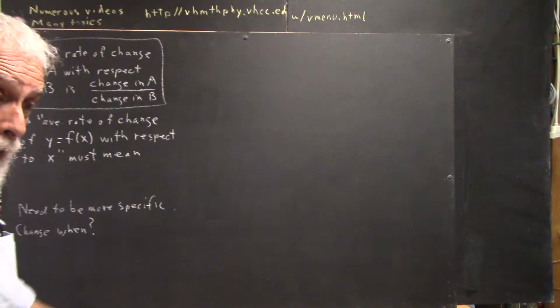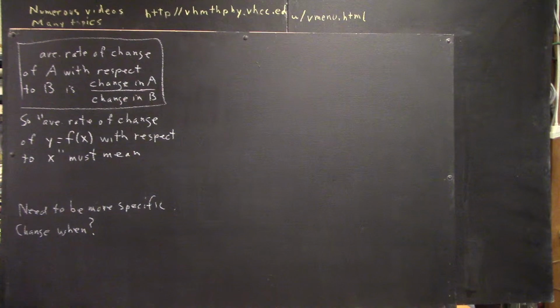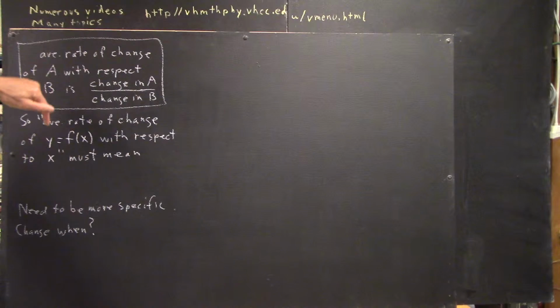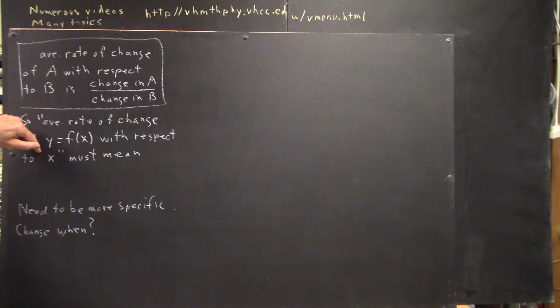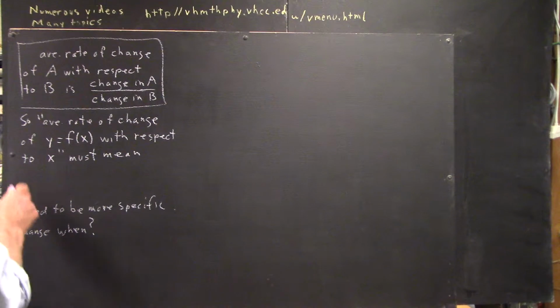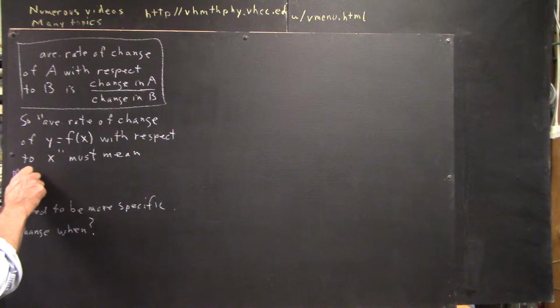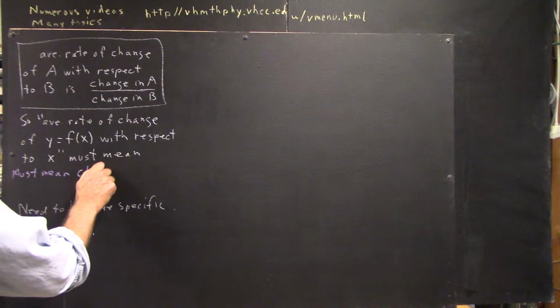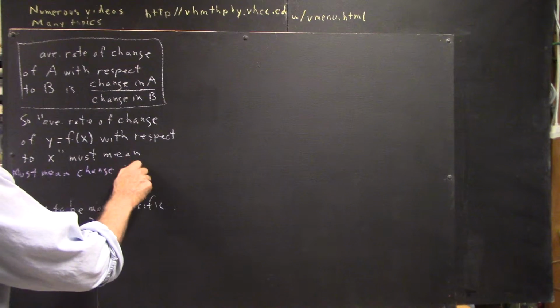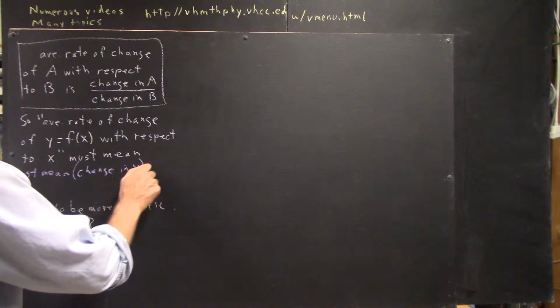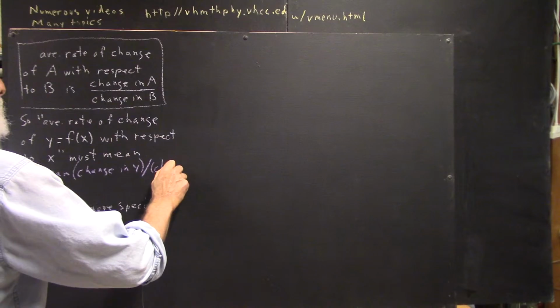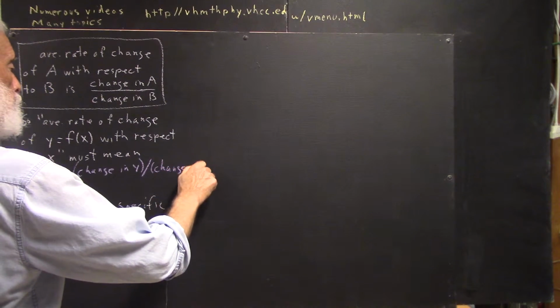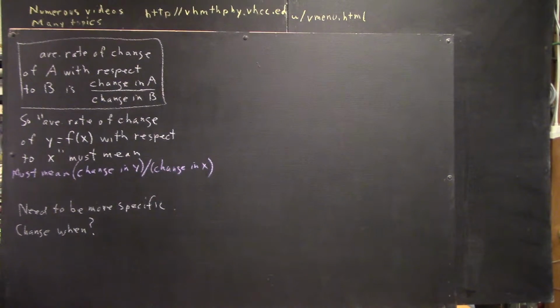So now we're going to apply that definition to the average rate of change of a function. Okay, so what I mean by, quote, average rate of change of y equals f of x with respect to x, what does that mean? Well, it must mean change in y divided by change in x.